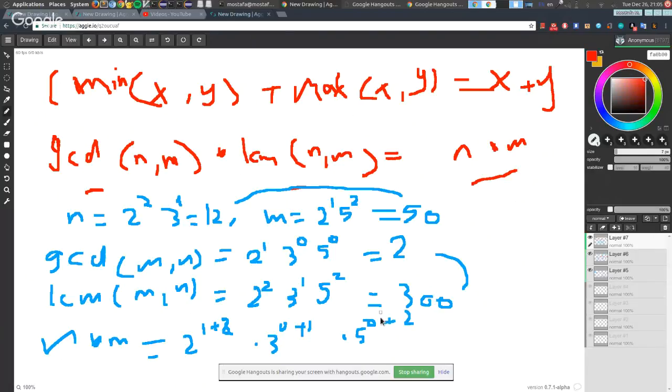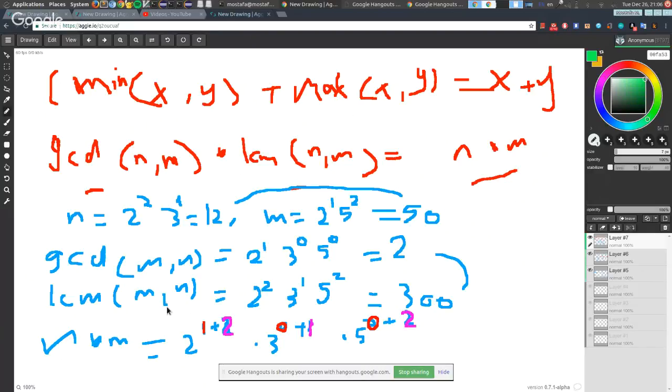So this we find in the GCD, and this also in the GCD, and this in the GCD, while this we took in the LCM.